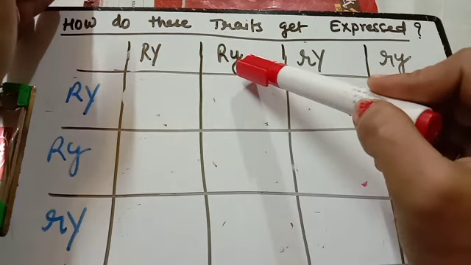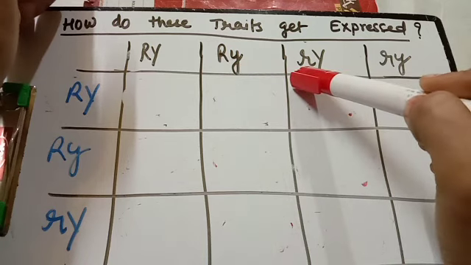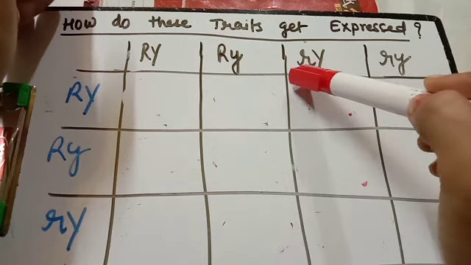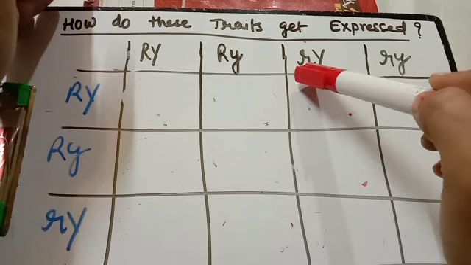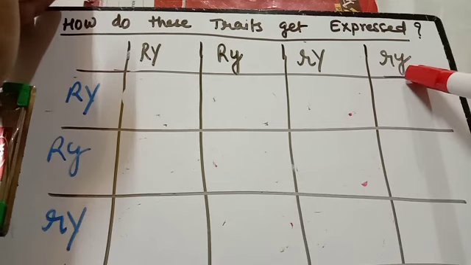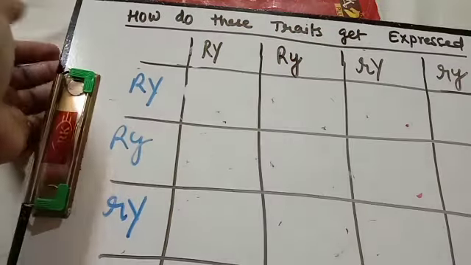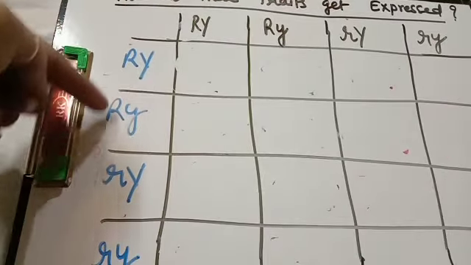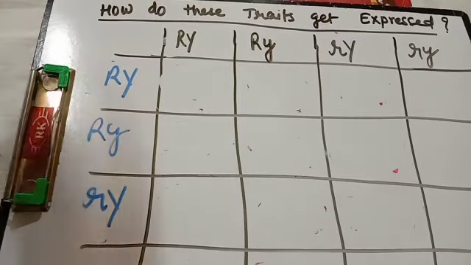Capital R, small y, round and green. Small r, capital Y, wrinkled and yellow. Small r is for wrinkled. Small r, small y, wrinkled and green. The same thing I am doing down also. So I am making 4 columns and 4 rows.